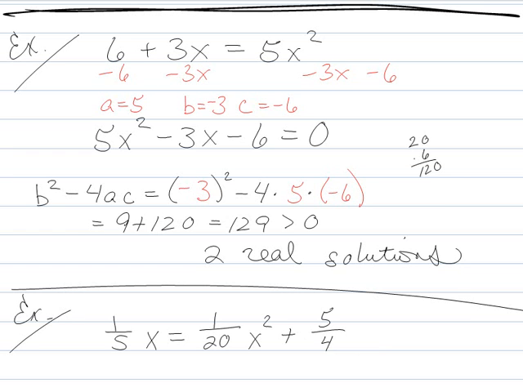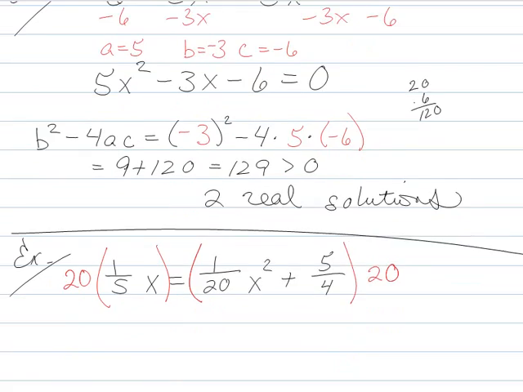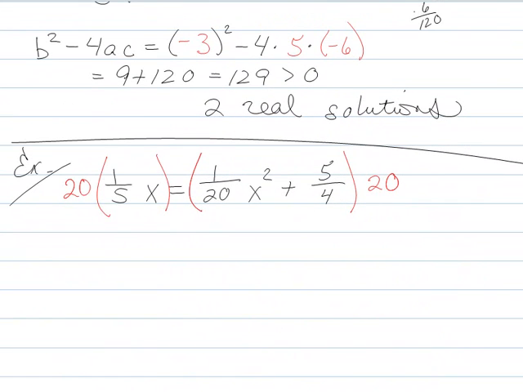Remember that you can multiply an entire equation by a number, so that's probably what I would do, is I would multiply both sides of the equation by something to get rid of that fraction, and the something I would choose would probably be 20. So I would do that before I even did anything else, because I just don't want to mess with fractions. So over here on the left, 20/5 would be 4. Those 20s would cancel out, and then, remember, I distribute that across. So 20 divided by 4 is 5, times 5 is 25.